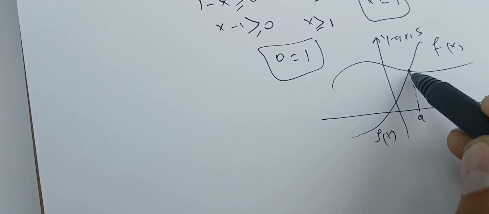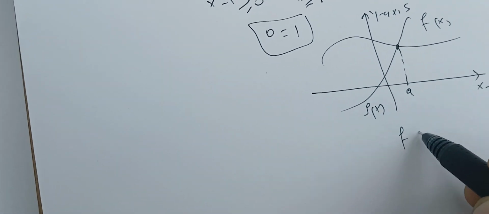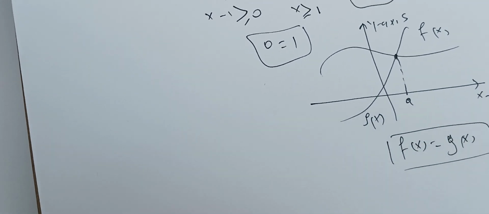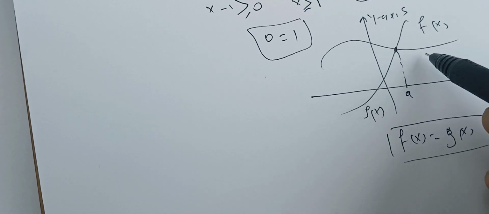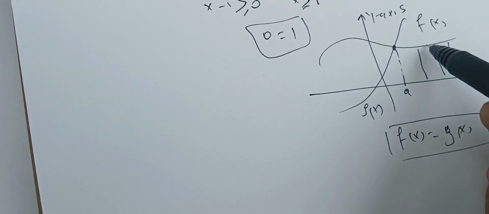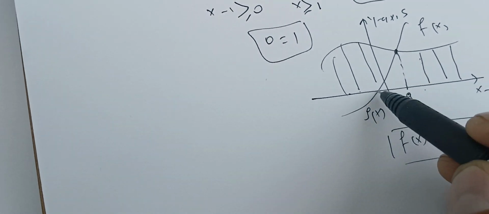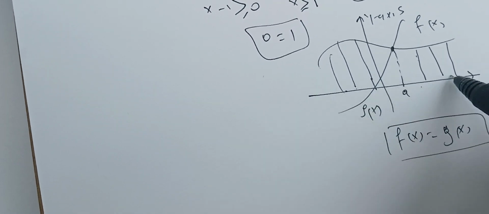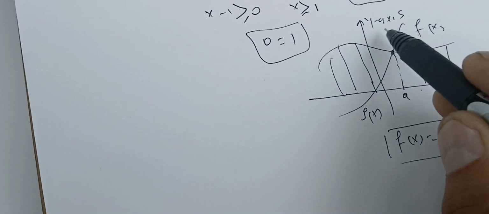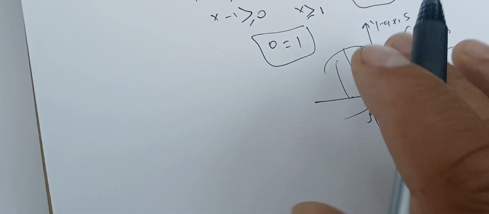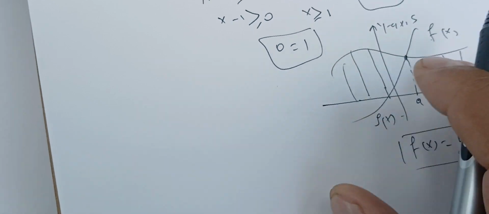So this point is the solution of the equation f of x equals g of x. We see that these two functions are defined everywhere. Project f and g on the x-axis to see where they are defined. Both f and g are defined everywhere in this graph.